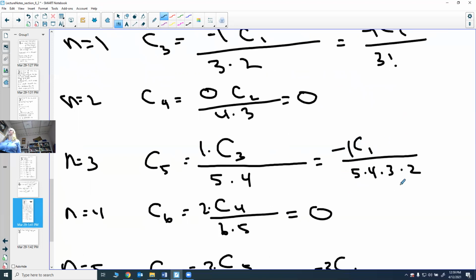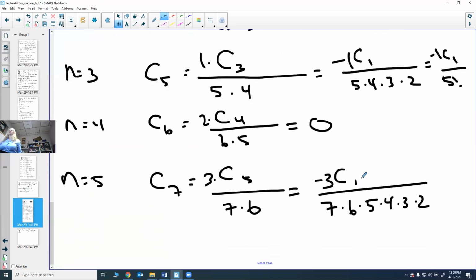I have 5 times 4 times 3 times 2. Again, that's just 5 factorial. So I have negative 1 C1 over 5 factorial. I notice here I have negative 3. It looks like I have 7 factorial on the bottom. So I have negative 3 times C1 over 7 factorial.